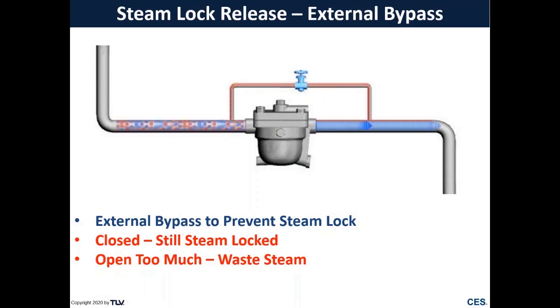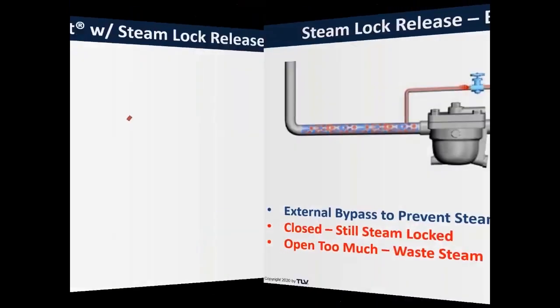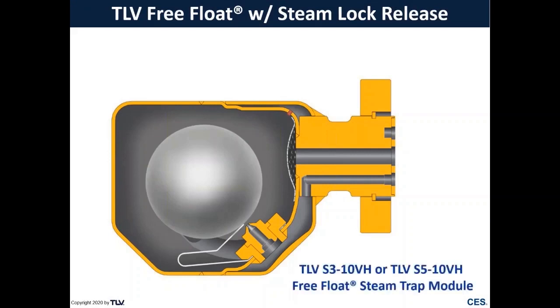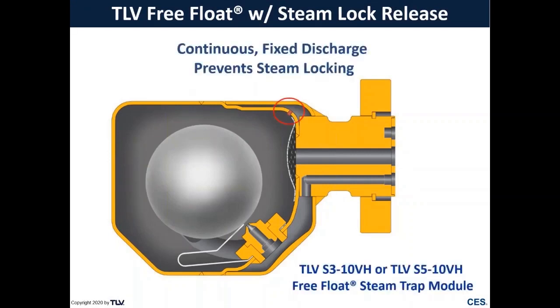The best solution is to put the trap at the lowest possible location to allow gravity drainage, but that's not always practical given some of your steam using equipment. So sometimes you need to have some type of steam lock release in order to make these applications work. At TLV, we like to solve that by using our free float steam trap, and we manufacture this with a continuous fixed discharge, which eliminates the variability of a bypass valve.